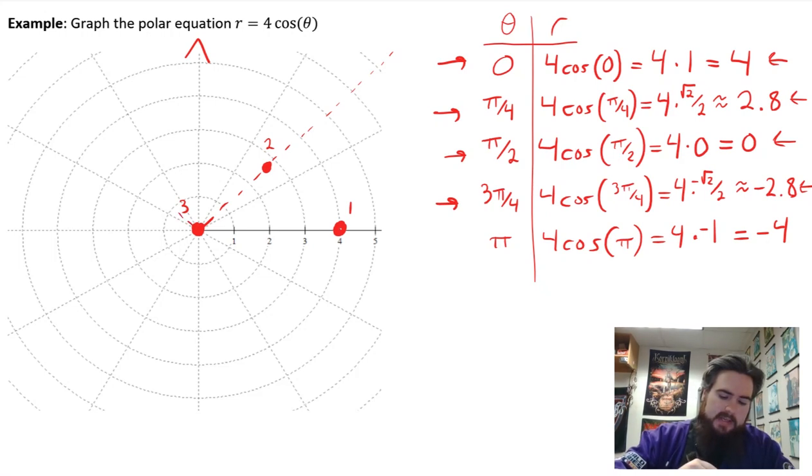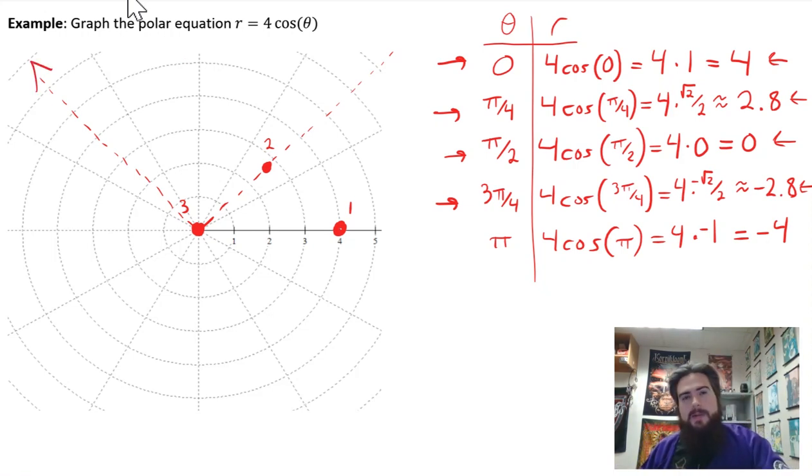So that means face towards 3 pi over 4, which you could imagine in the second quadrant of the unit circle. Our radius, though, is negative 2.8, which means even though we're facing towards 3 pi fourths, we're going to walk backwards, which is what negative radius means. We're going to walk backwards a distance of about 2.8, which would put us about here. That would be my fourth point.